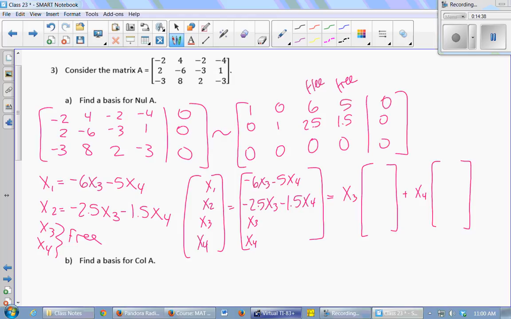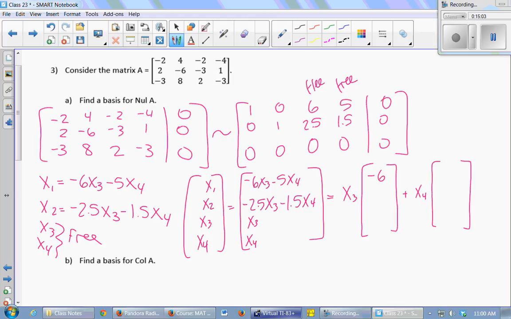Okay, so x1, my first entry here, there's a negative 6 on the x3. So for my row reduced echelon form, right, this says that x1 plus 6x3 plus 5x4 equals 0.